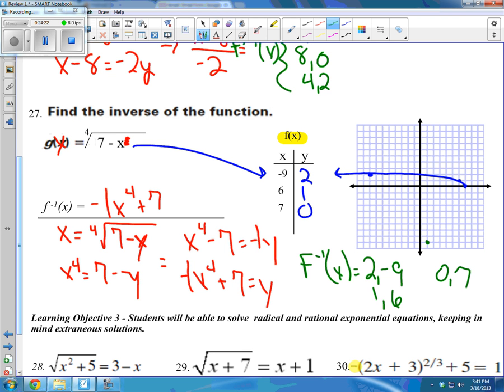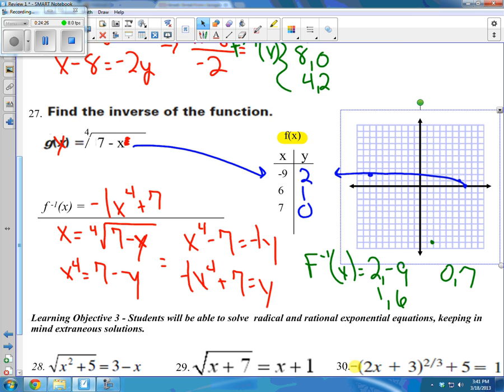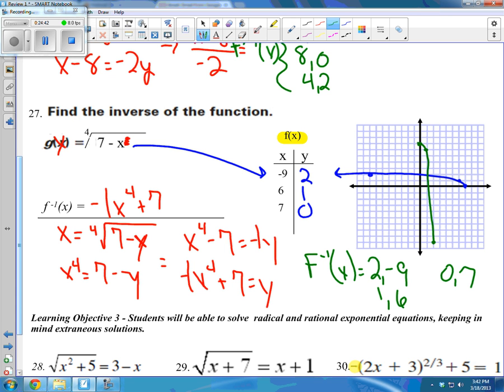Let's see. Whoops, that's off one. Hold on. So 2, negative 9. I'll go ahead and do 0, 7. And then 1, 6. It's going to be kind of like a halfway upside down U, going like such.